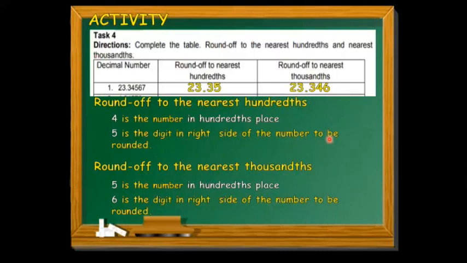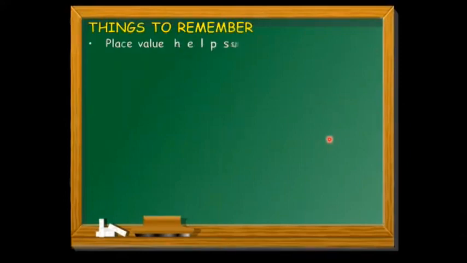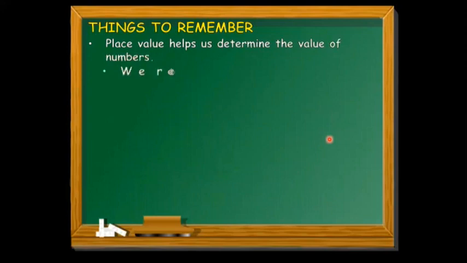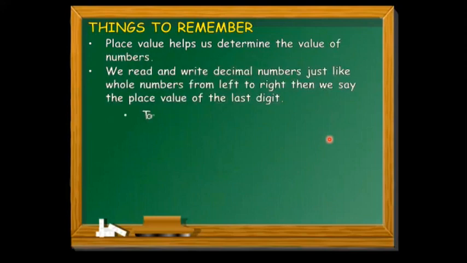So that's going to be the end of our discussion. So always remember, class, that's going to be the things that you need to remember para mas lalo nating maintindihan kung ano nga ba yung mga bagay na kailangan nating malaman. First, place value helps us determine the value of the numbers. And then the next one, we read and write the decimal numbers just like whole numbers from left to right side.